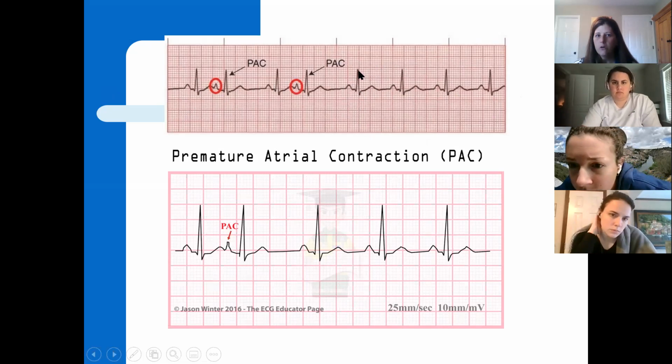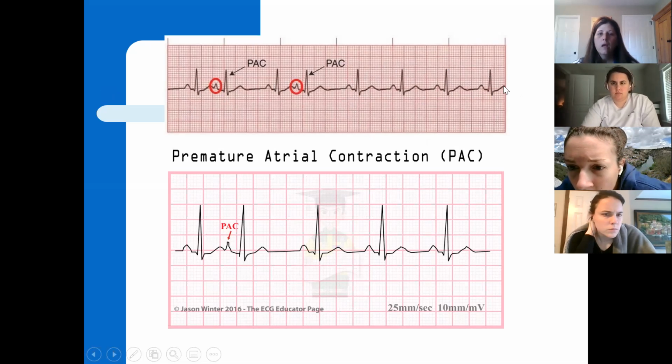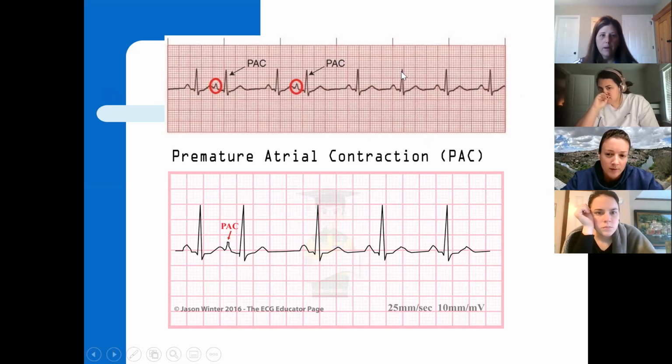We already looked at P, Q, R, S, T, there's the rest of our T. If I figured out what my R to R measurement is here, in compensatory, you would be measuring the R in the complex before the PAC to the R in the complex after the PAC, okay? And that would be equal to 2 times the R to R of the underlying rhythm.